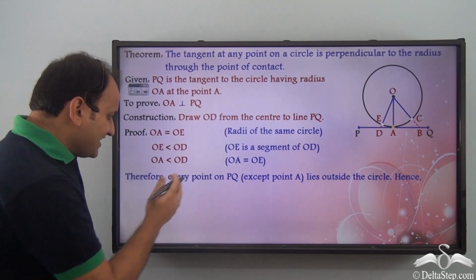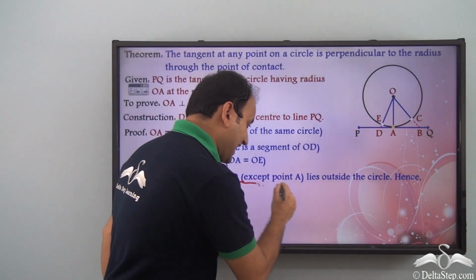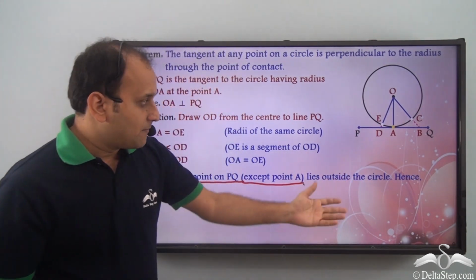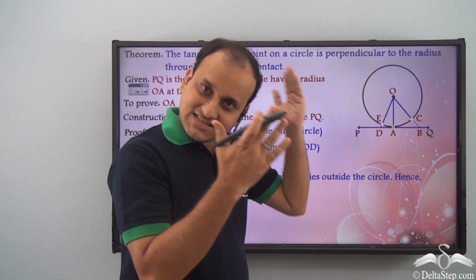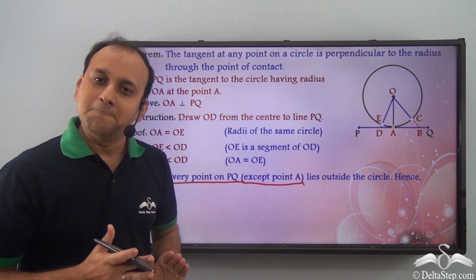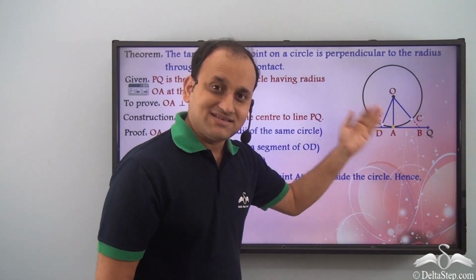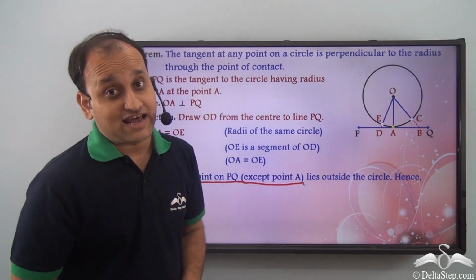Therefore, we can say that every point on PQ except point A lies outside the circle, isn't it? Because we considered point B, we considered point D, and in a similar way, any point on this particular line PQ will be outside the circle because PQ is a tangent to the circle and it has just one point of contact.